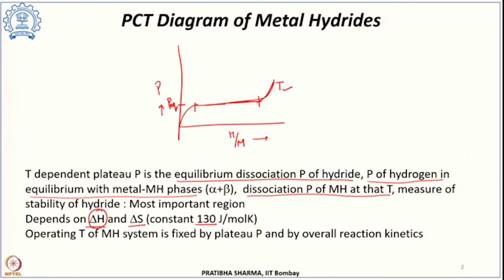So at the operating temperature of the metal hydride, when we are considering a system design, that equilibrium plateau is considered, which is fixed by this equilibrium plateau pressure, and that also decides the overall reaction kinetics. So this equilibrium pressure at a particular temperature is used while designing a metal hydride based system, and the reaction kinetics also needs to be considered.